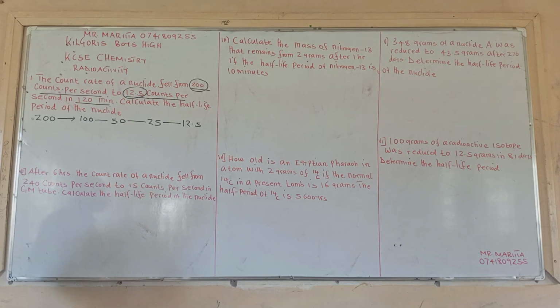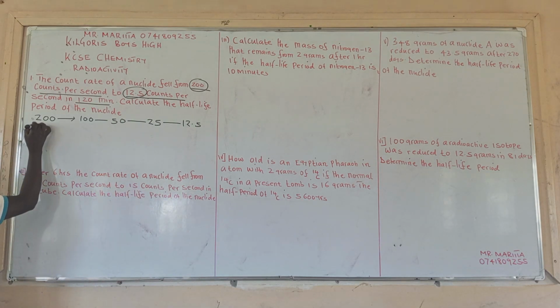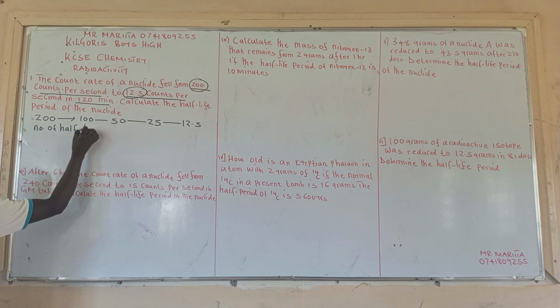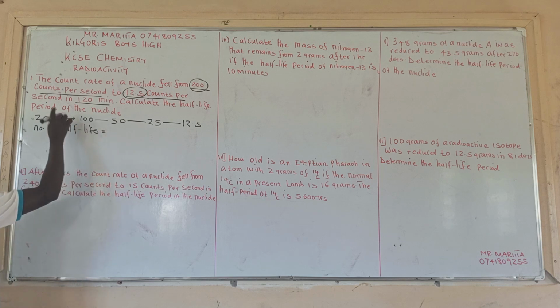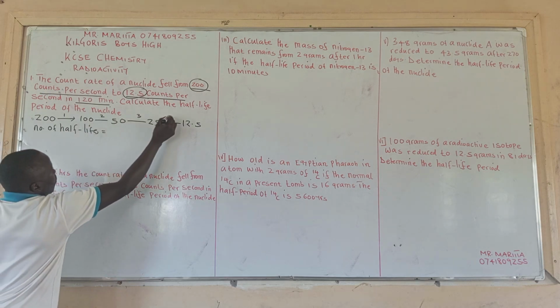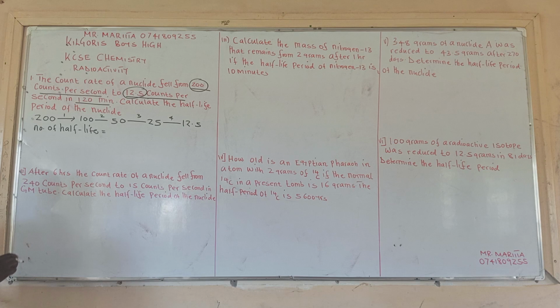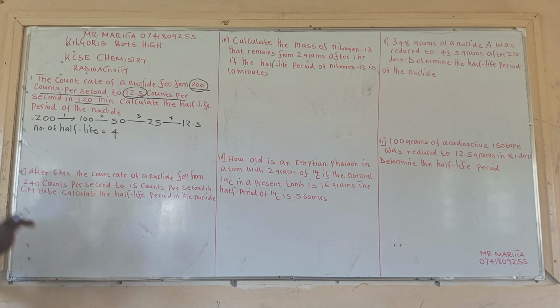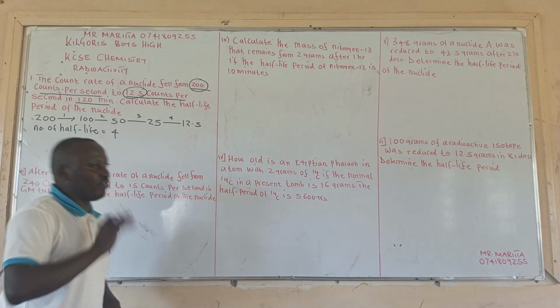So what is the number of half-lives? It is 1, 2, 3, 4. So the number of half-lives here is equivalent to 4.